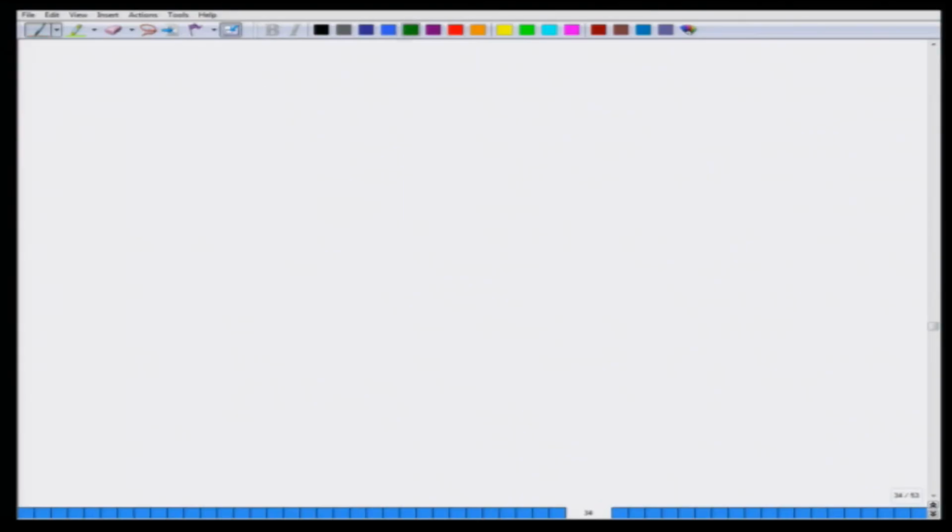Let us now look at another interesting property, property number 2, for this PN sequence. For this, let us look at the runs.